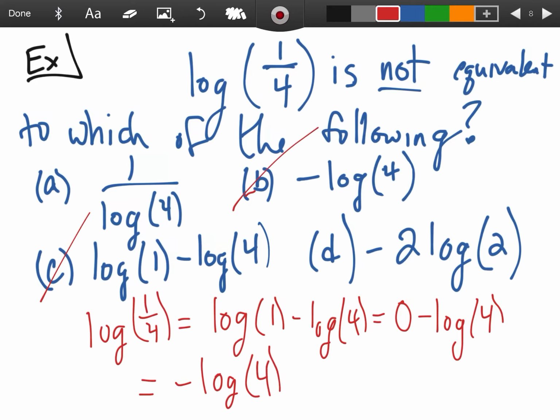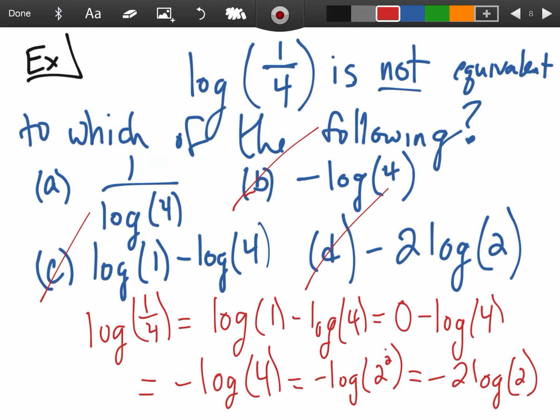And so we narrow it down to a or d. Well, let's see, we could rewrite 4 as 2 squared. And using the power rule, we could take that 2 and write that out in front. So negative 2 log of 2. So it is definitely equivalent to d. It is not equivalent to a. So that is our correct answer.